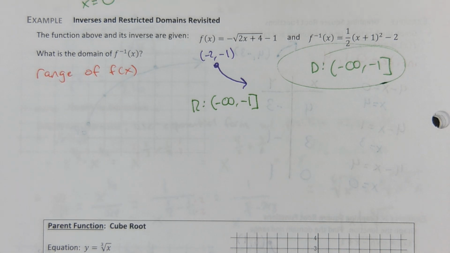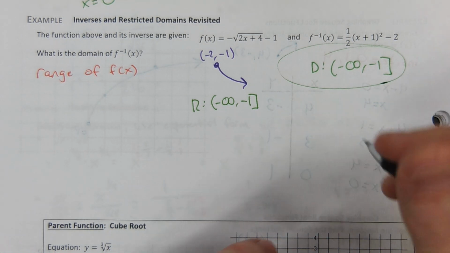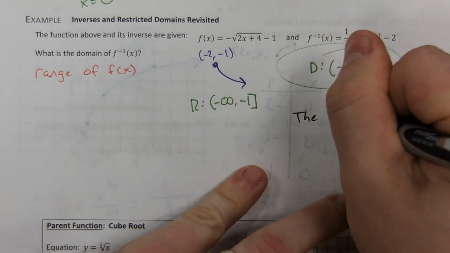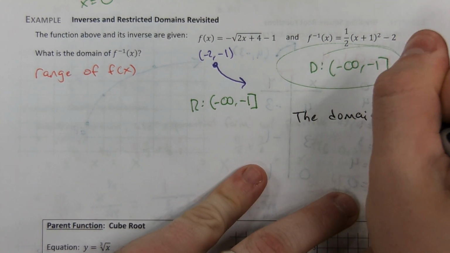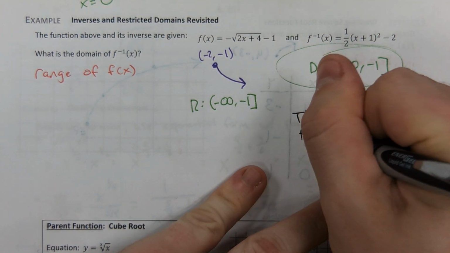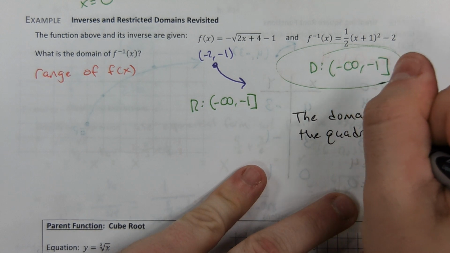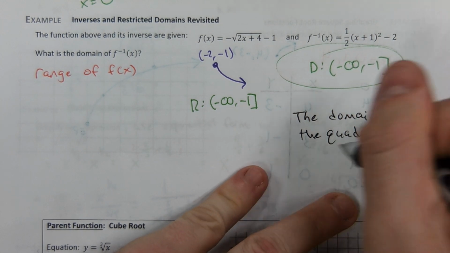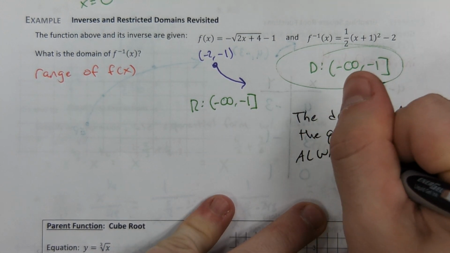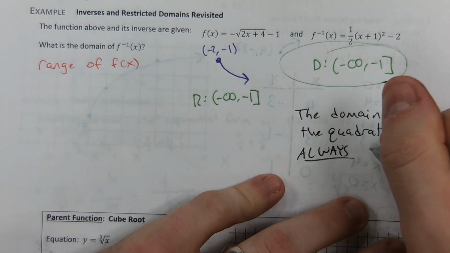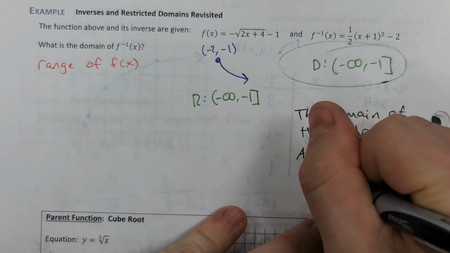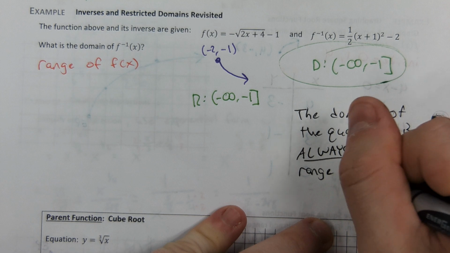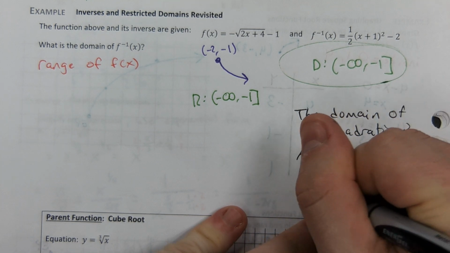In general, this is going to be a generalized rule that is always true for quadratics and square roots. The domain of the quadratic is, I'm going to use the word always, and I'll put it in capitals, the range of the square root.